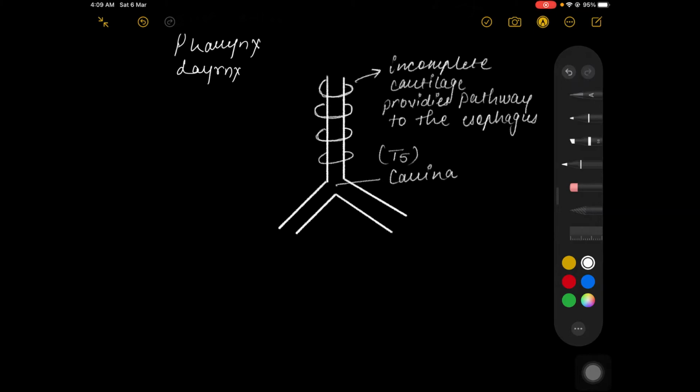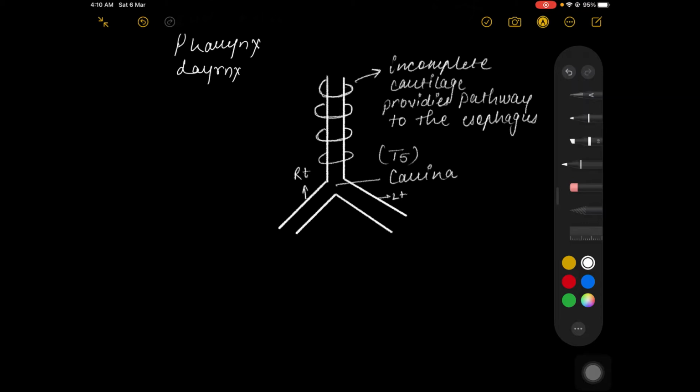So that is why it is incomplete on the posterior surface. Now we know that the trachea divides into the right and the left primary bronchus, or the right and the left main primary bronchus.